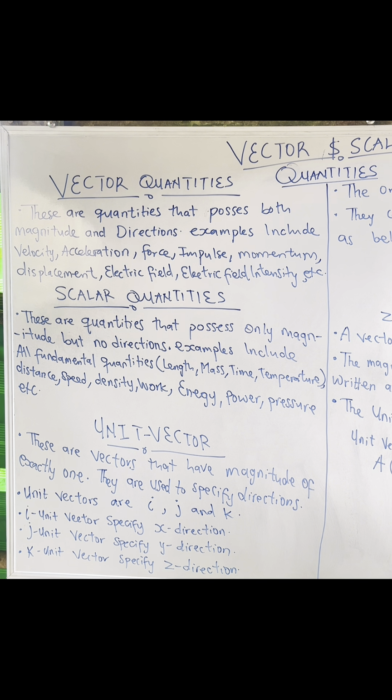What are the unit vectors we have? The unit vectors include the i unit vector, j unit vector, and k unit vector. Since unit vectors specify direction, the i unit vector specifies the x direction, the j unit vector specifies the y direction, and the k unit vector specifies the z direction.